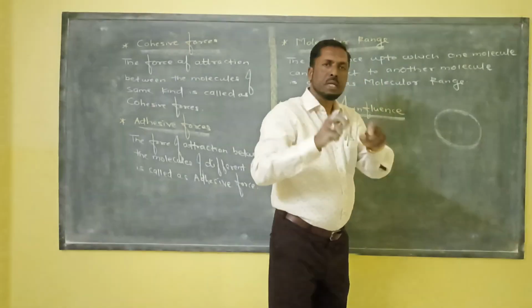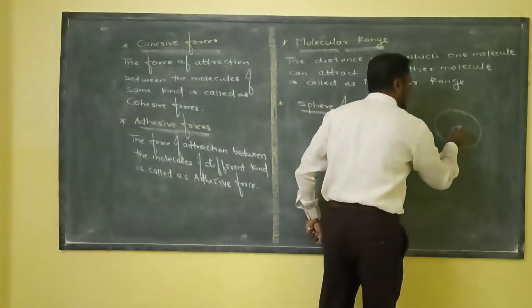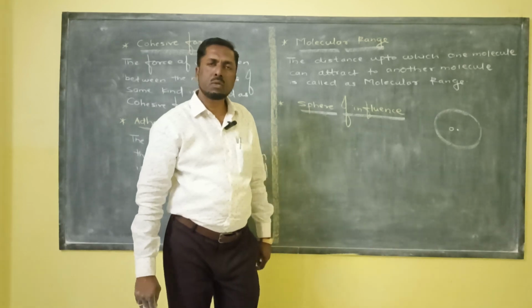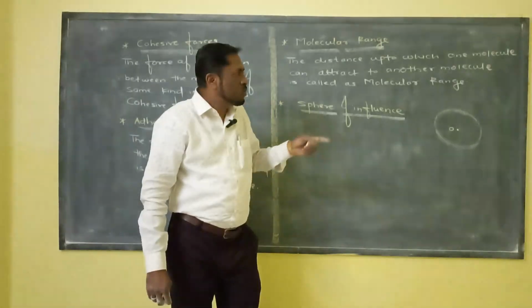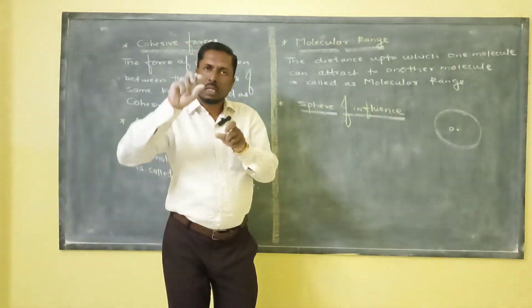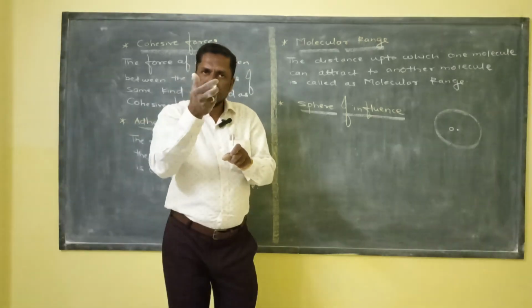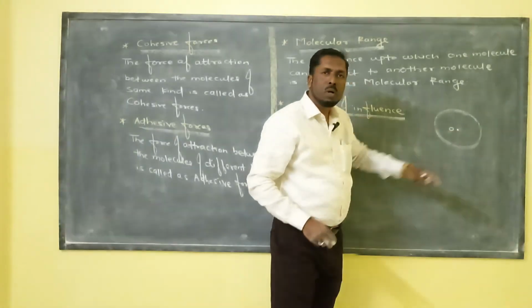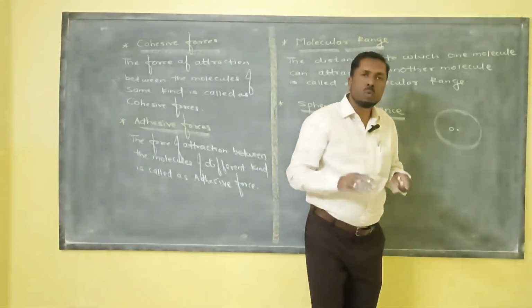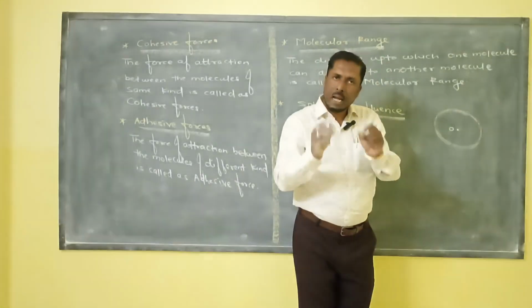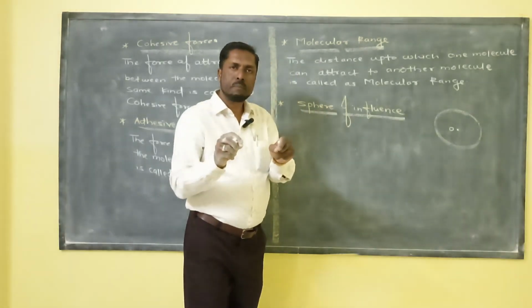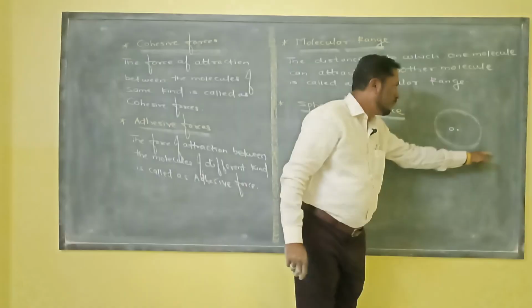To draw the sphere, generally we choose a point O. That O acts like a center of a sphere. This sphere is drawn by a molecule, with the help of this point O.